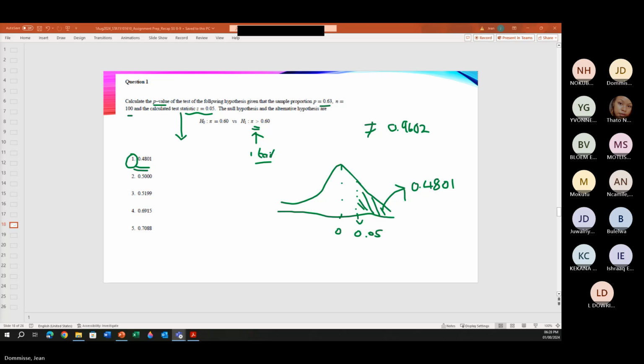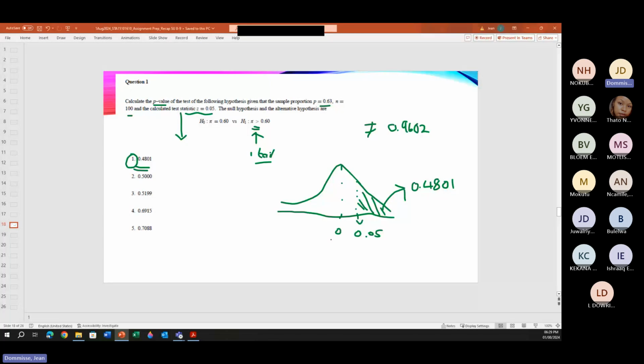So sometimes we misread some of the questions and then it takes us a bit longer. So here they already gave us the Z, so we didn't need to actually work out the Z. It was already there, so we could just use that and then go to the table.